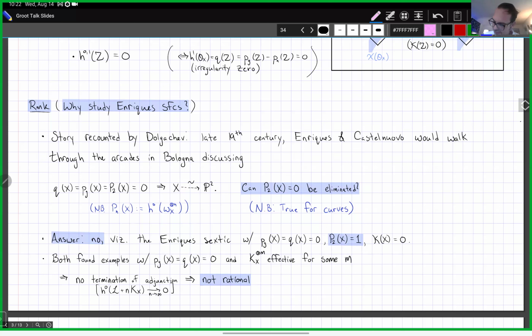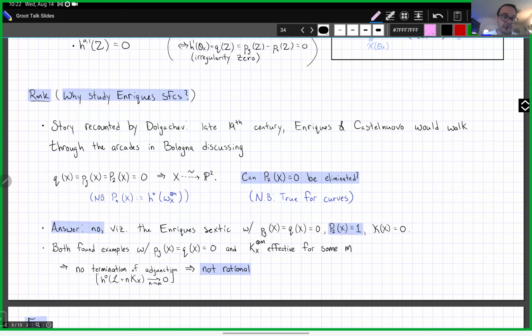And they wanted to know, well, that turns out to be a true statement, that if those two invariants vanish, then you do have a rational surface. But can you eliminate this condition on P2 of X being 0, the second plurigenera? And that is true for curves, and it's natural to conjecture it might be true for surfaces as well.